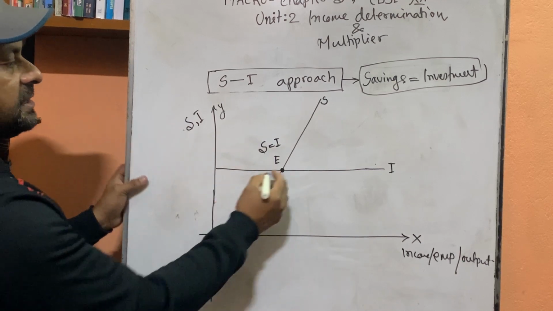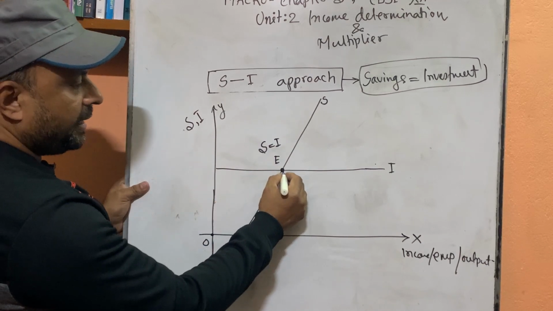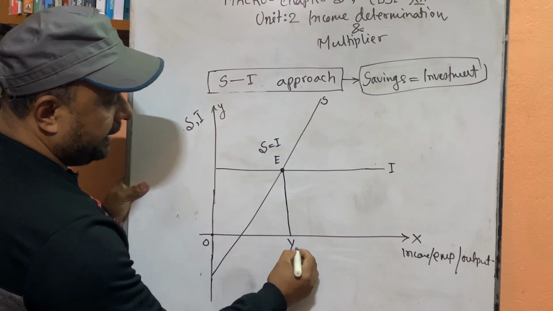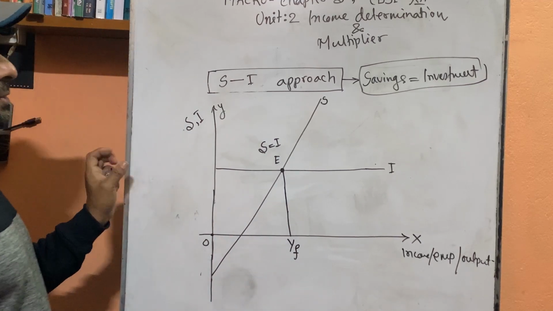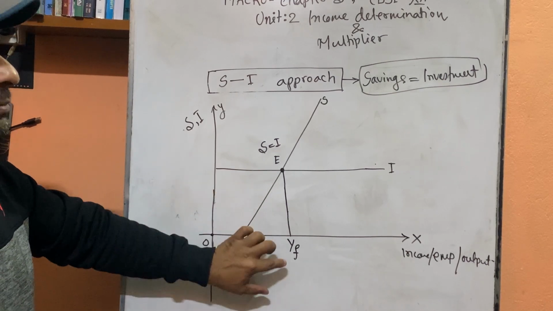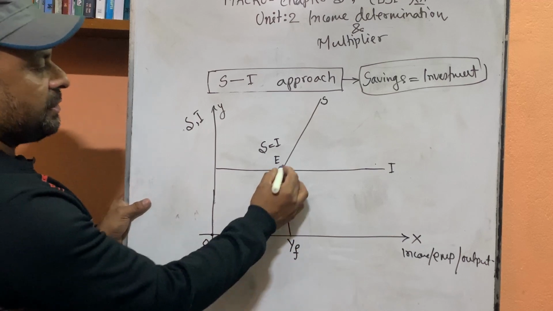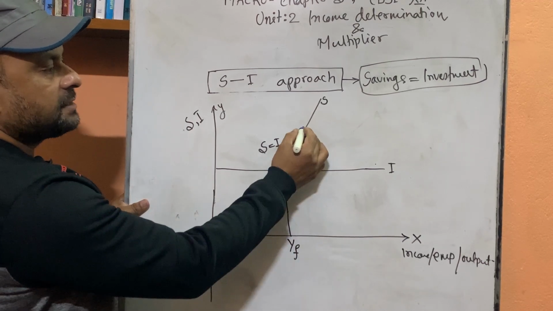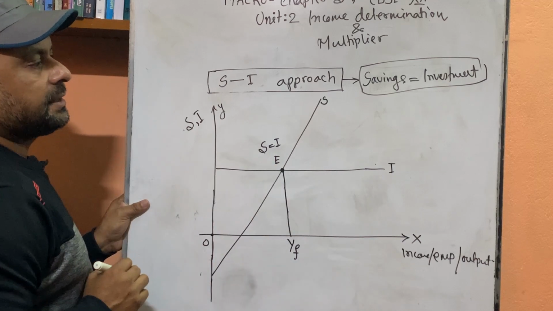So this is our equilibrium point, and the country will produce this much income and employment. And this one is also called full employment, because this much investment is enough to maintain full employment. So this is the equilibrium level of income and employment of the country, where savings and investment intersect each other.